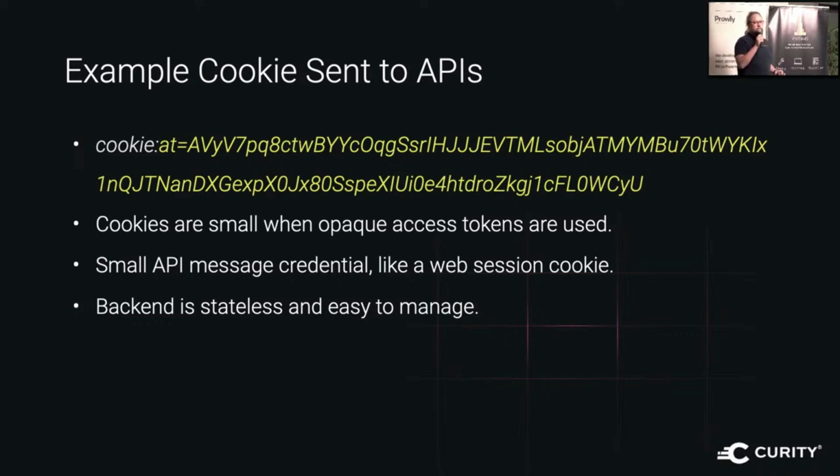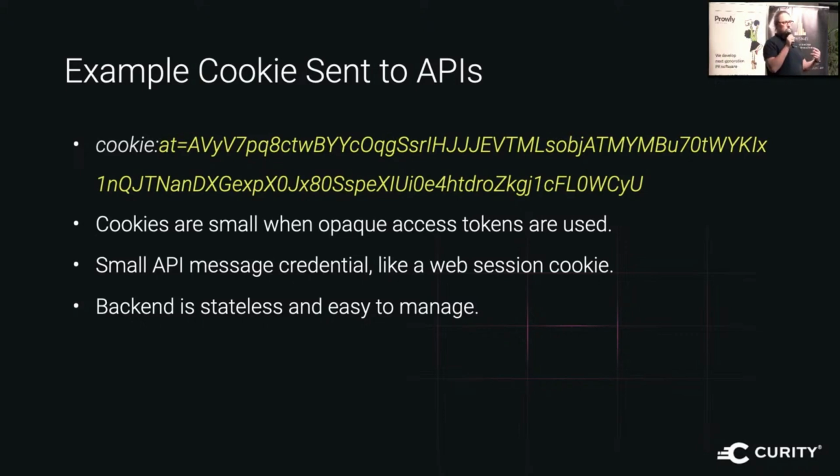If you use JWTs for your access tokens, then you might sometimes hit some limits of browsers because the resulting encrypted cookie will be quite long, especially if you put a lot of data in your JWTs. So we recommend that you use opaque tokens as access tokens and refresh tokens.